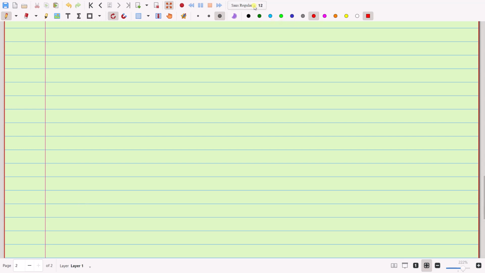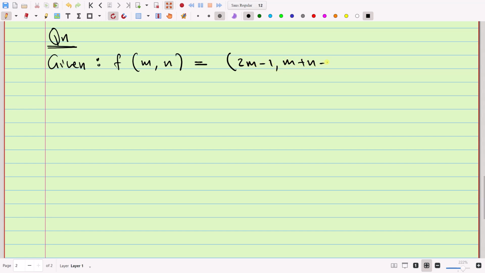But anyway, to do a problem that may be trickier to handle, it might be as follows. You might be given the function f, which takes some numbers m, n, and gives us another coordinate, which is 2m minus 1, and m plus n minus 3.